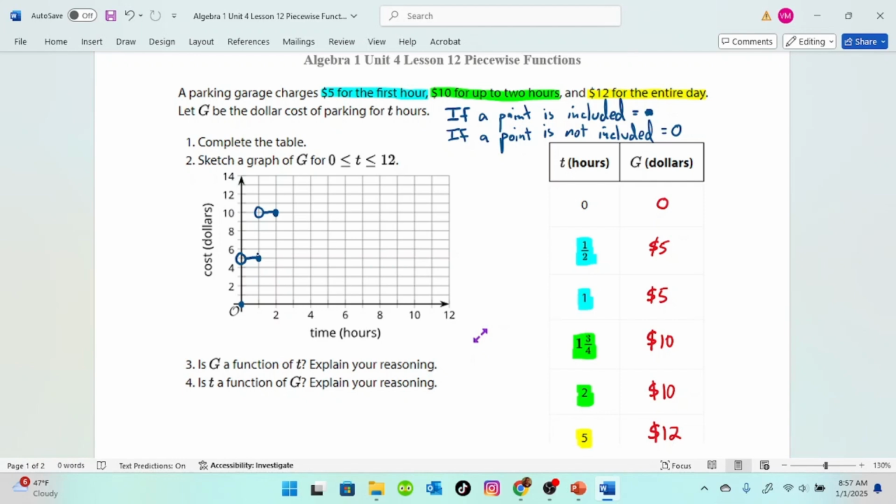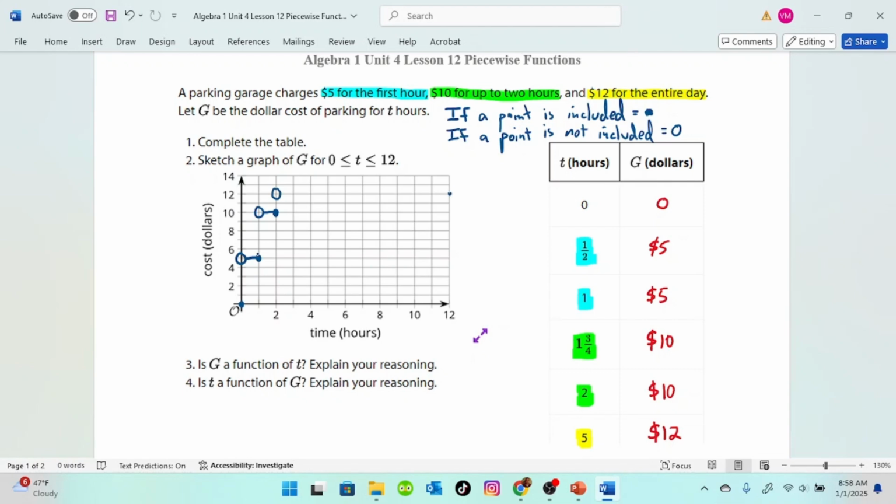And then the last rule that we had was here in yellow, $12 for the entire day. So I'm going to start at the 2, and I'm going to put a hollow circle at $12. And this is because the 2-hour mark is not included in the yellow rule. It was included in the green rule. And this $12 price goes for the rest of the day. And we wanted to stop it at 12 hours included.